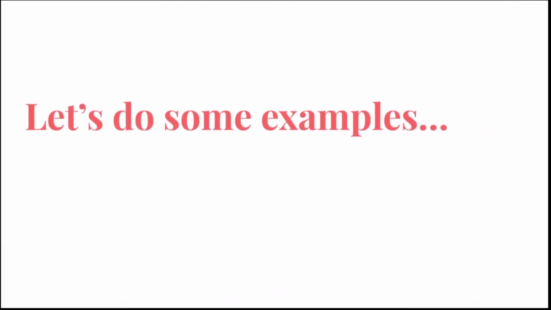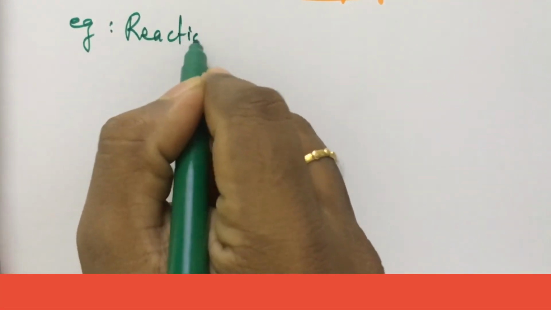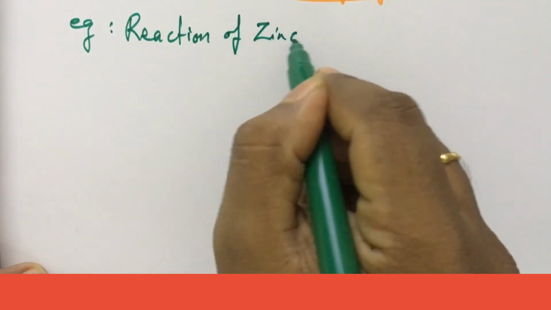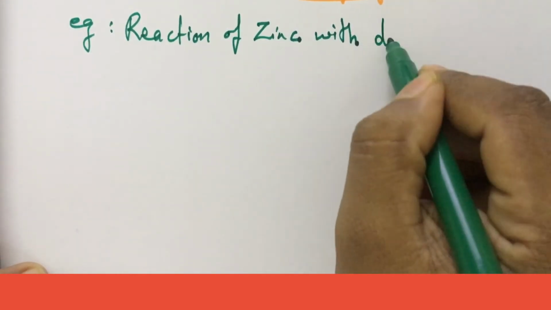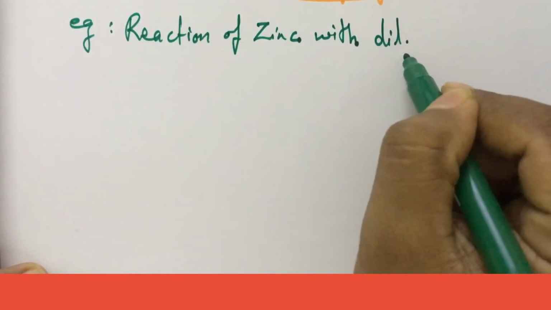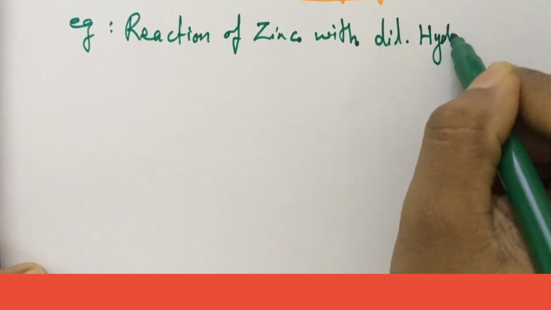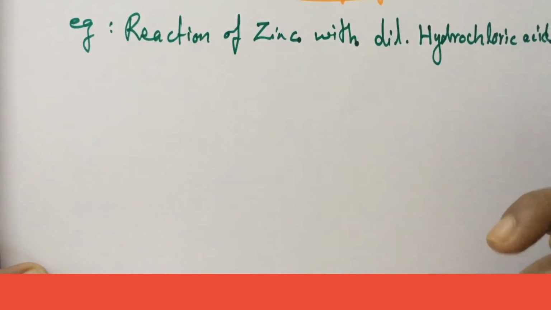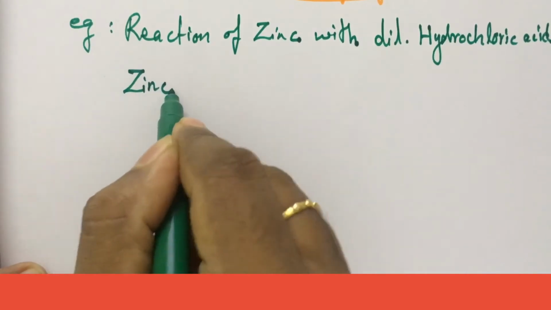Let us do some examples. For example, we have a reaction of zinc with dilute hydrochloric acid. DIL represents dilute.